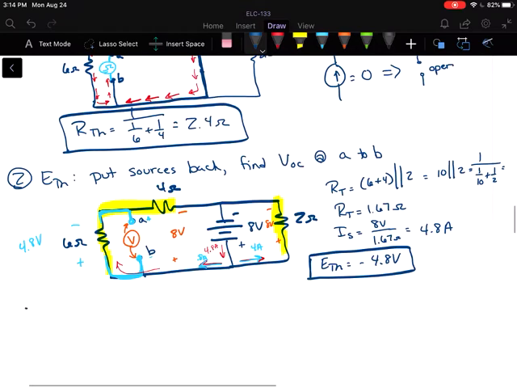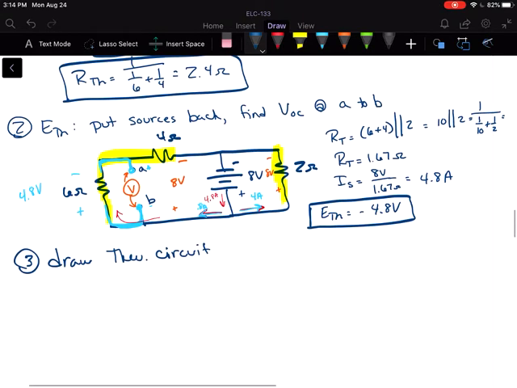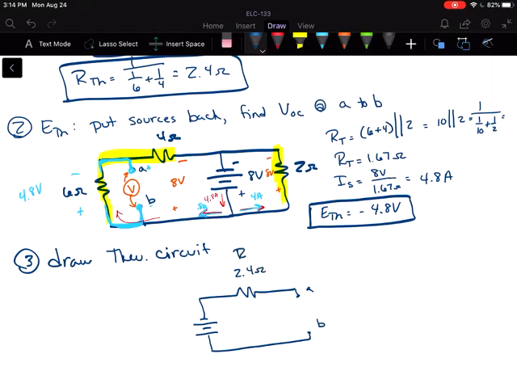So step 3 is to draw your Thevenin circuit. And you'll need your E Thevenin. I'm going to draw this in that upside down direction. You need your R Thevenin. And then there's A and there's B. So R Thevenin we found was 2.4 ohms. E Thevenin we found to be 4.8 volts.